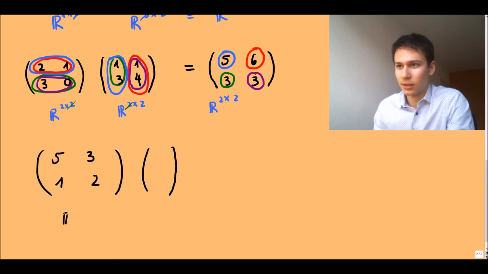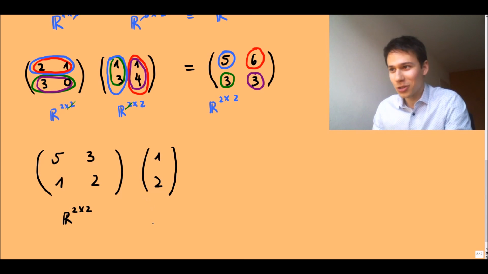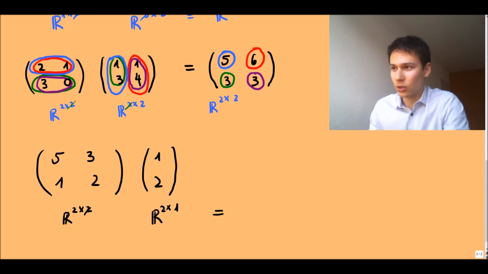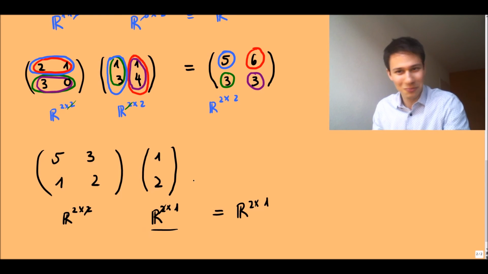So this is a 2 cross 2 matrix multiplied by the vector 1, 2. So the standing vector is also a matrix, and it is an R2 cross 1 matrix. So what we get as the resulting matrix would be, we get rid of these numbers in between, an R2 cross 1 object as well. So the same object as this one, which is a standing vector.